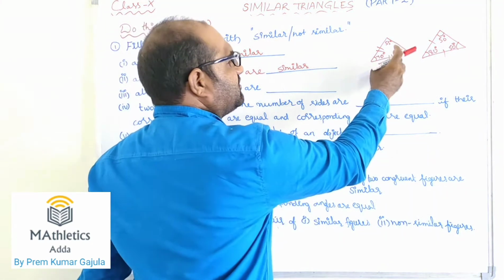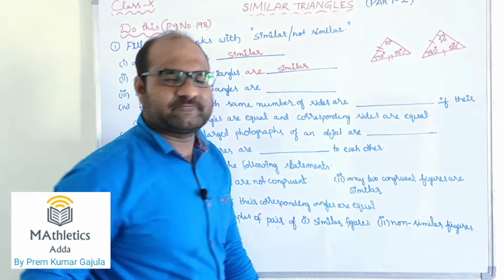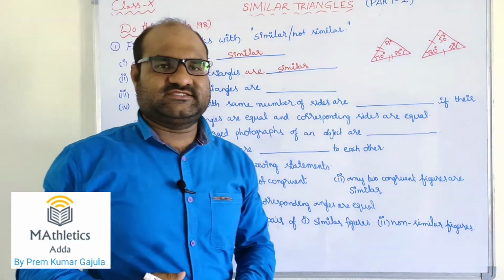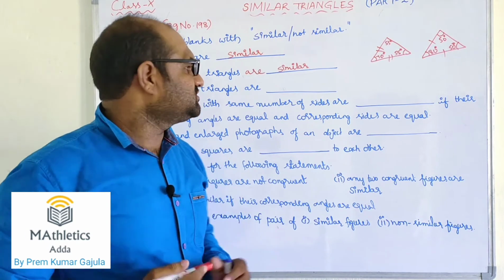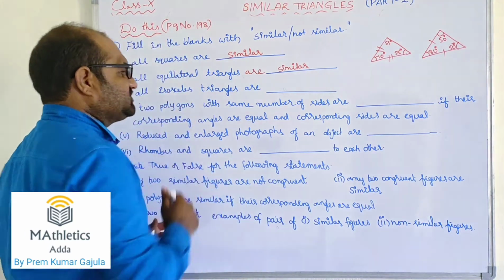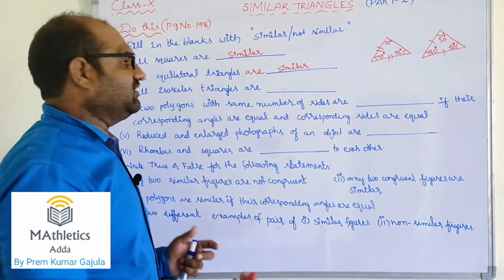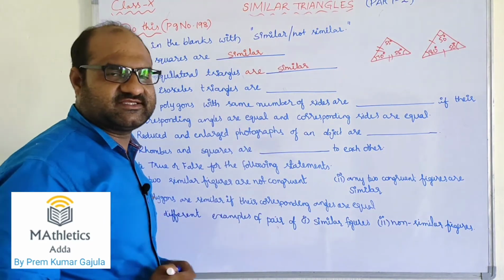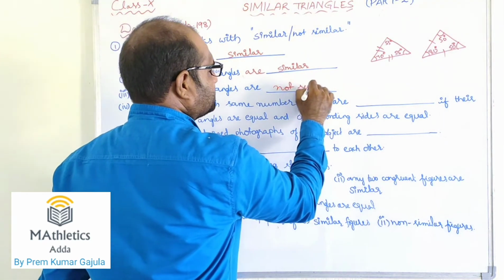If you look at the angles, 55, 55, 70 is there, here 50, 50, 80 is there. So isosceles triangles are not having, in this case, all angles equal. So we cannot say that all isosceles triangles are similar. Why? Because corresponding angles are not the same. So these are not similar.